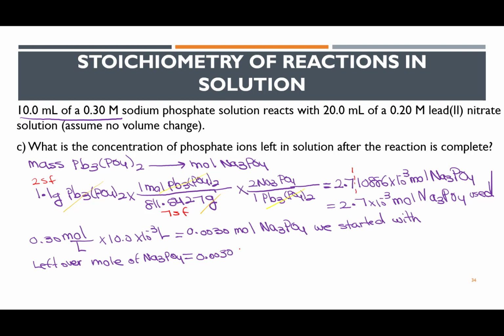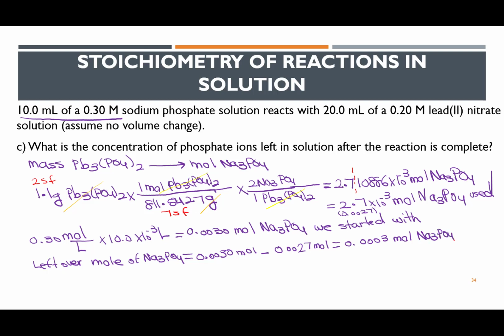It's 0.0030 mole minus 0.0027, since 2.7 times 10 to the power of negative 3 is the same as 0.0027. When you subtract these two numbers, you get 0.0003 moles of sodium phosphate left over.